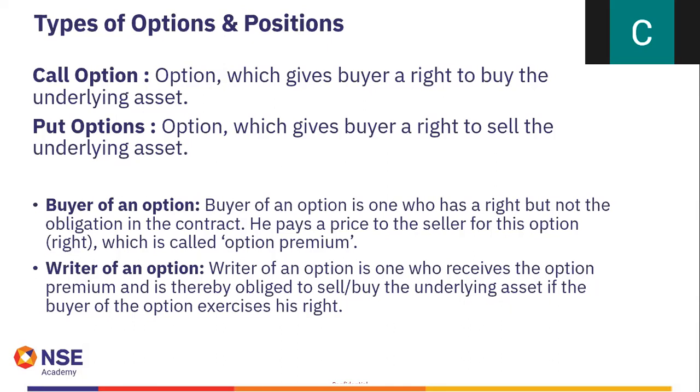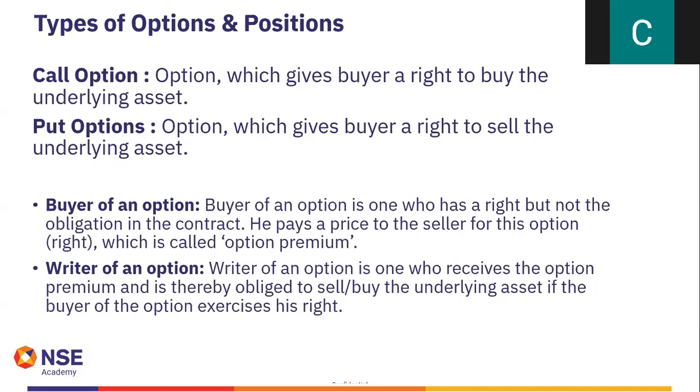So straight away, what will I do? On 29th September, I will buy at 1,000 rupees from him, 100 quantity, and immediately I will sell it off in the market for 1,100 rupees. So straight away, I'll make a profit of 100 each. 100 into 100 quantity, 10,000 rupees will be my profit. So this is an example of a call option.